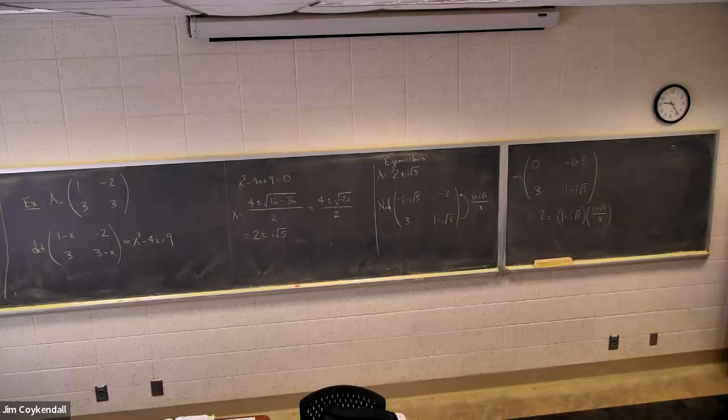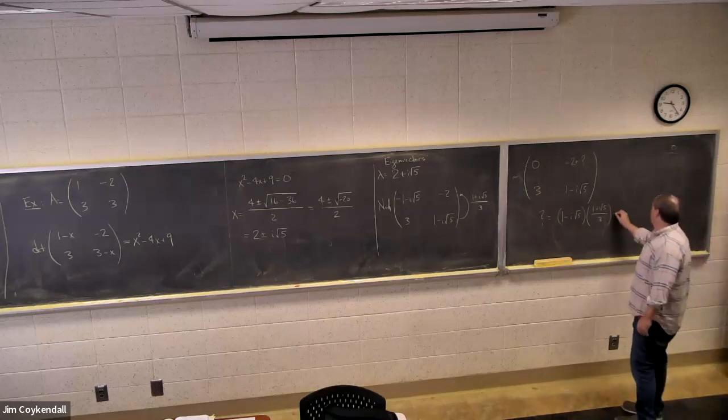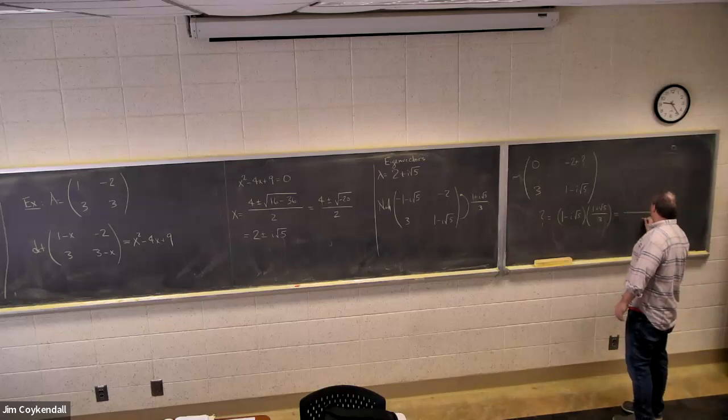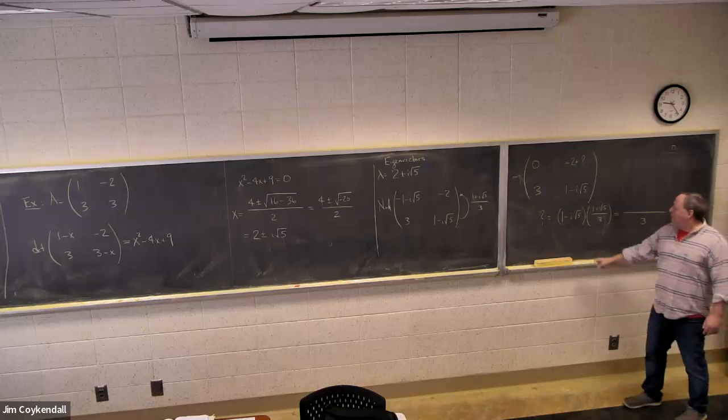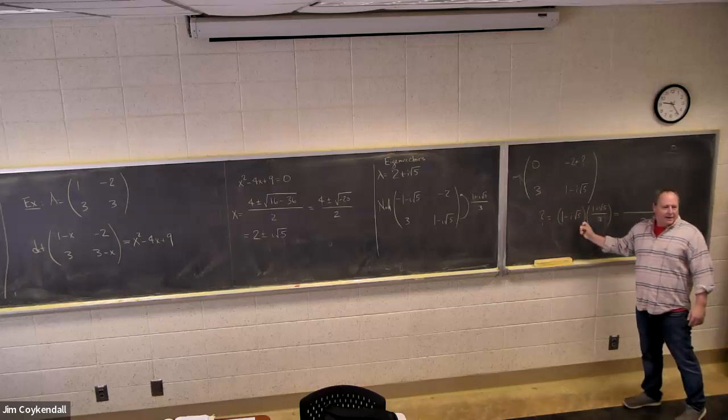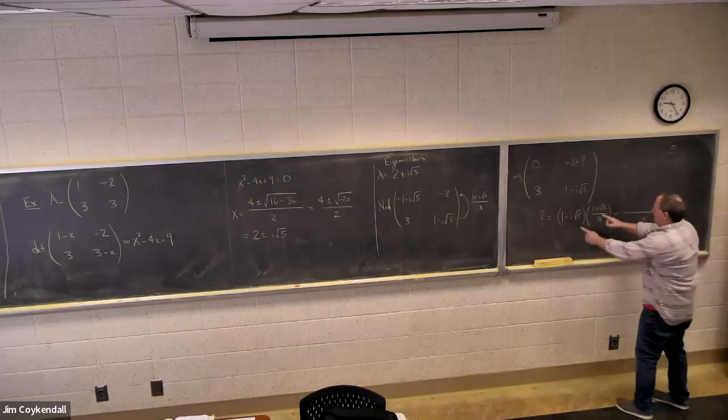Everybody okay with that? Everybody see what I'm doing? Now let's test our complex multiplication here. Big fat denominator of 3. What goes in the top? We've got to multiply this out, right? But these are complex conjugates, so it should turn out to be a real number.